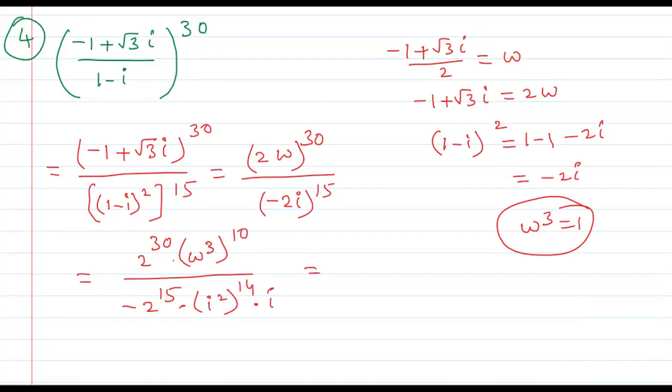Here observe that 2 power 30 and 2 power 15, 2 power 15 cancel. We get numerator 2 power 15. This is 1 divided by minus i.